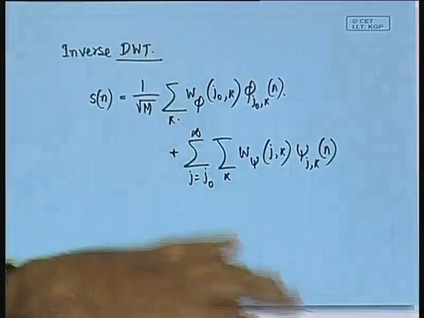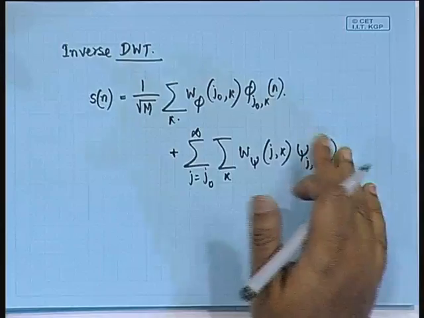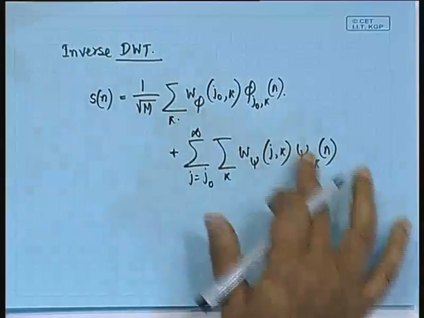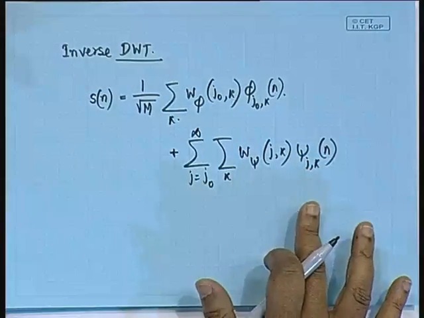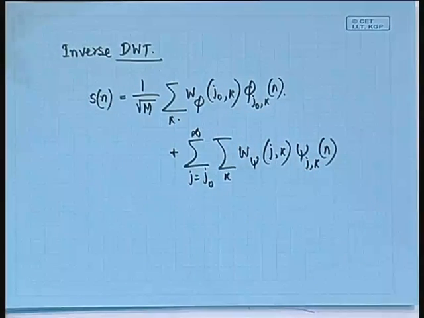The transformation kernel is this phi j 0 k and this psi j k's. These are the transformation kernel, and this is just the inverse transformation kernel. So, in this case the functional form of the inverse transformation kernels are also the same. So, using this it is possible for us to realize this S of n, right.